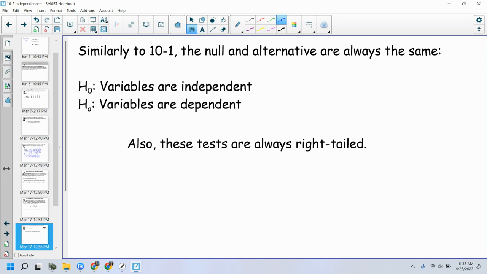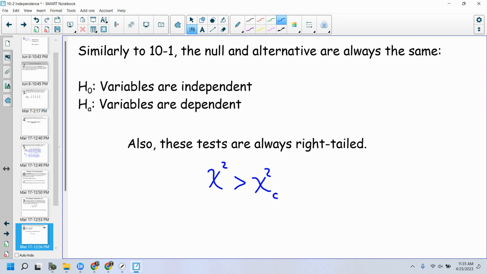All right. This is always going to be a right-tailed test. So when you're doing hypothesis testing, just like for the goodness of fit test, you're always going to be checking if your chi-squared is greater than your chi-squared critical value, right? It's always going to be greater than. And I think some of us are confusing that a little bit, because I saw that from grading the chapter 9 test.